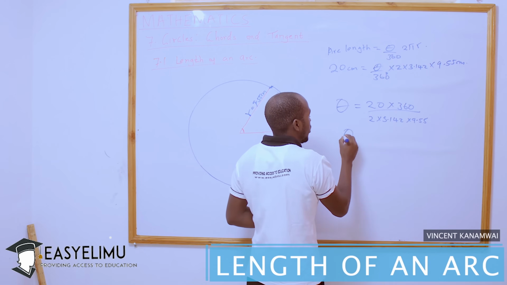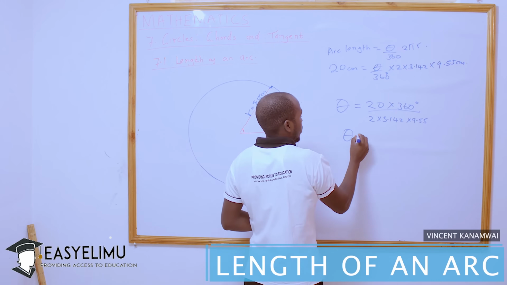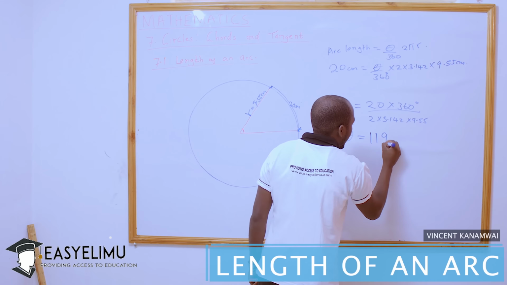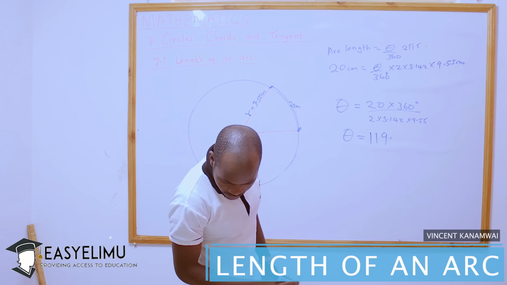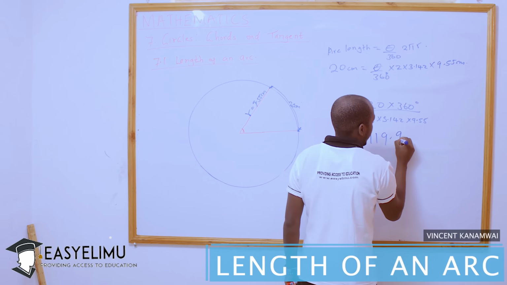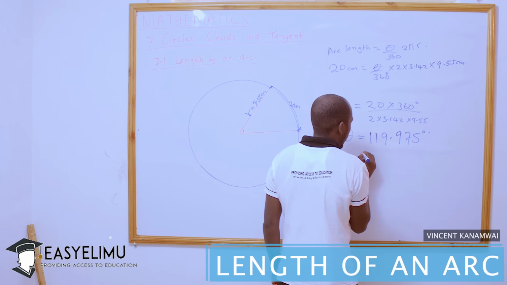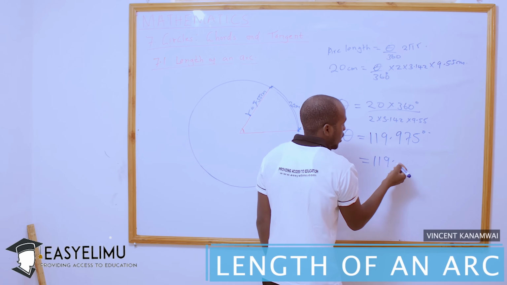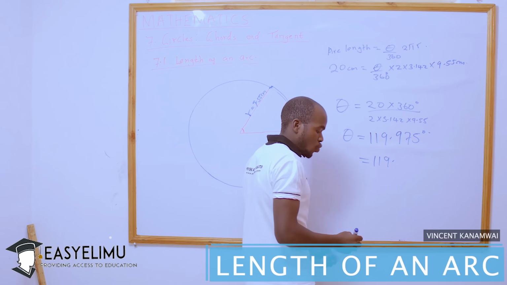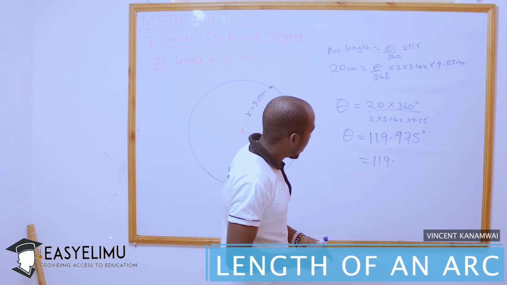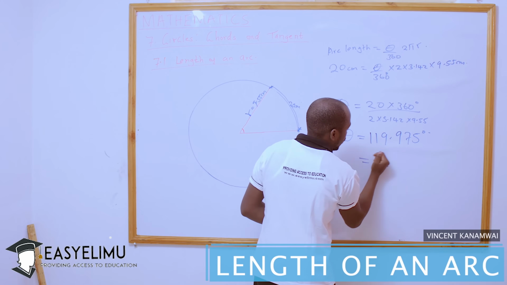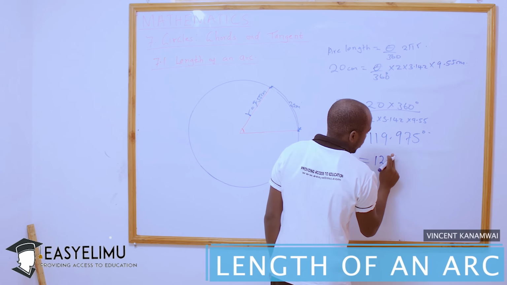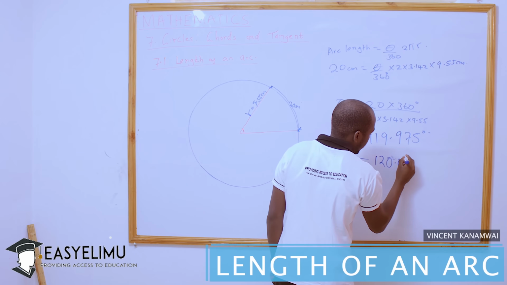Let's see what we get theta as. Theta is equal to 119.975 degrees, which to 1 decimal place we can give as 120.0 degrees.